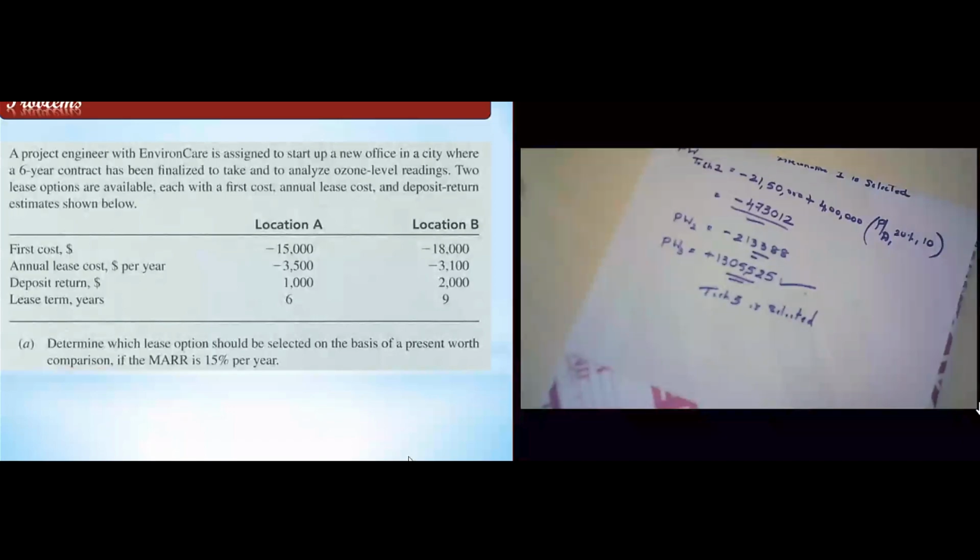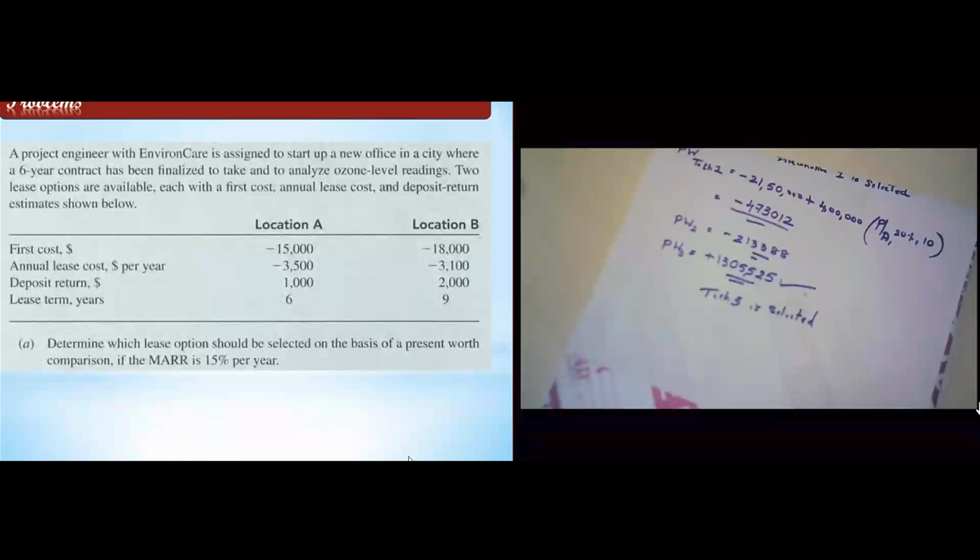This numerical we will solve in the next class, but today I will tell you the process for calculating. So tell me what is the difference between this numerical and the previous three numericals. The time period is different for the two options.